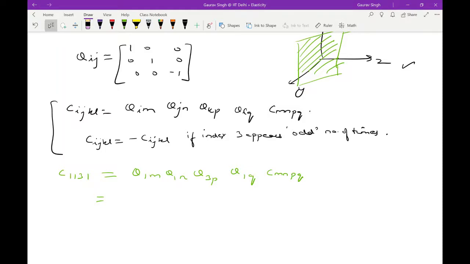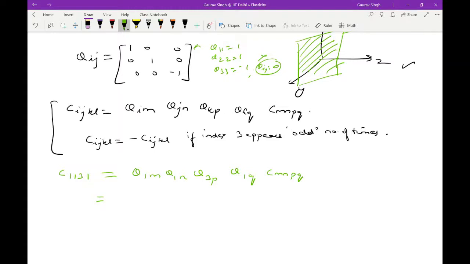Do keep in mind that Q11 is equal to 1, Q22 is equal to 1, Q33 is equal to minus 1, and every other Qij is equal to 0. Based on this, we just want to keep the ones which are non-zero.